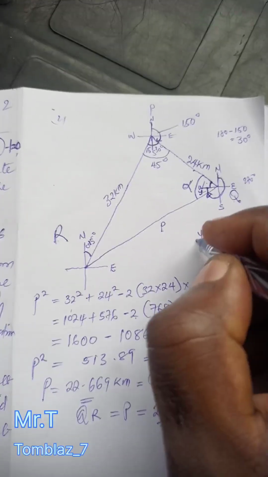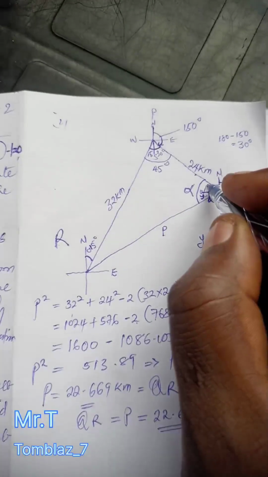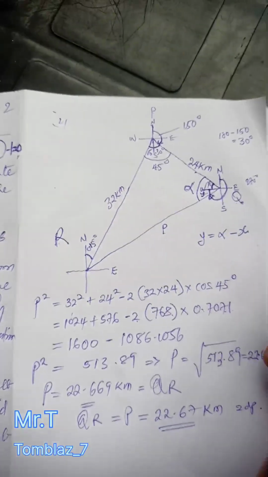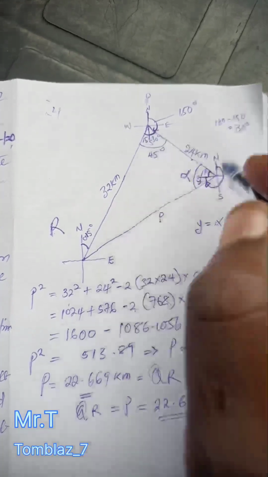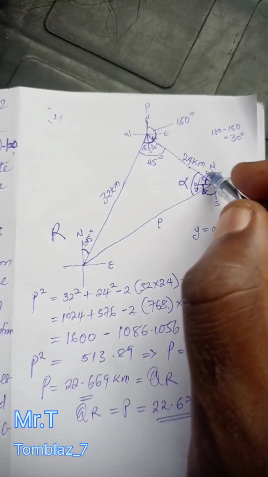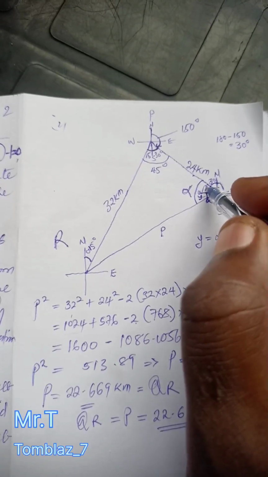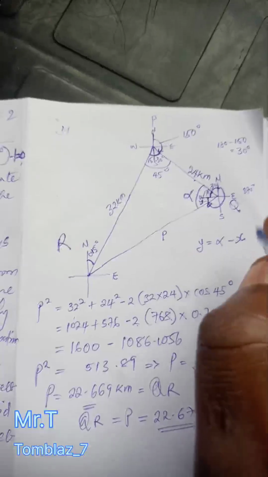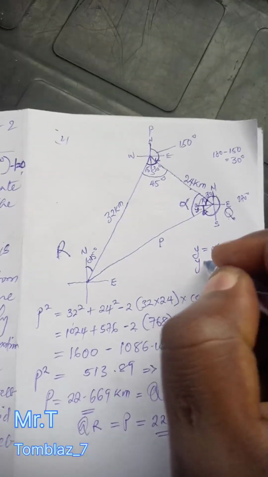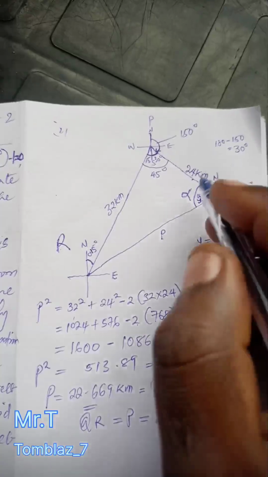What it means is y will be equal to alpha minus x. If this is 30, this is also 30. And if the entire portion is 90, it means x here is 60. So y is equal to alpha minus 60. But we don't know alpha, so let's look for alpha.